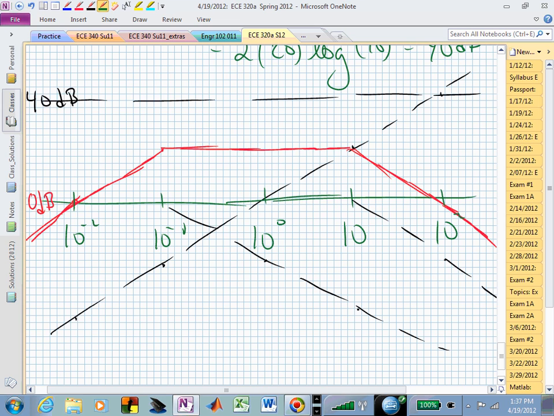Meaning we would still go through this point, omega equal 1, 0 dB, but now we would be way down here at minus 40, 1 decade before. 40 dB below that, 1 decade before. So now we're at minus 80 dB at 0.01. So this is sloping now at 40 dB per decade.